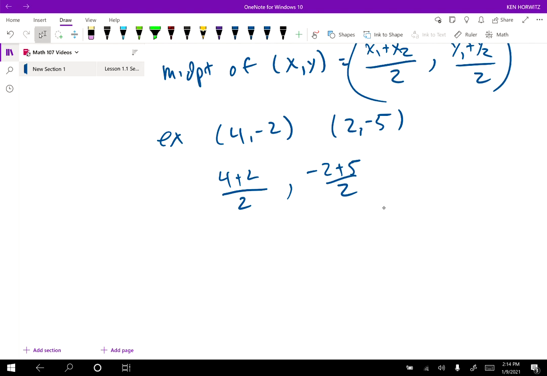This is something you want to do for any problem, because if you're going to work with numbers, you always want to work with them in most simple form. So 4 plus 2 is 6, divided by 2 is 3. -2 plus -5 is -7, divided by 2 is -3.5 or -7/2. Either one is fine.